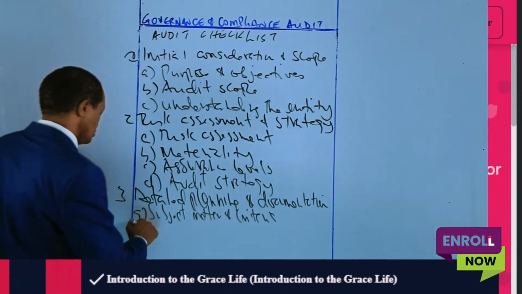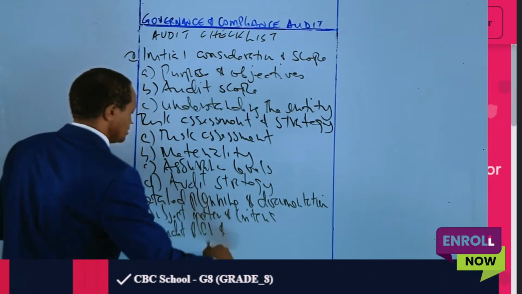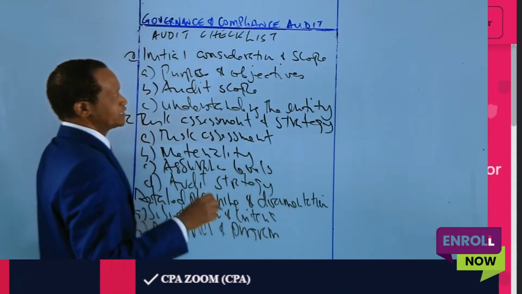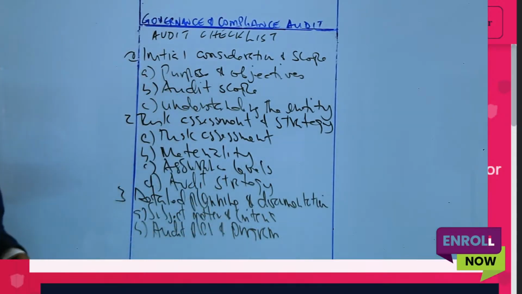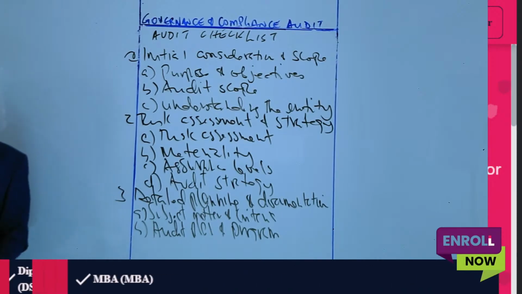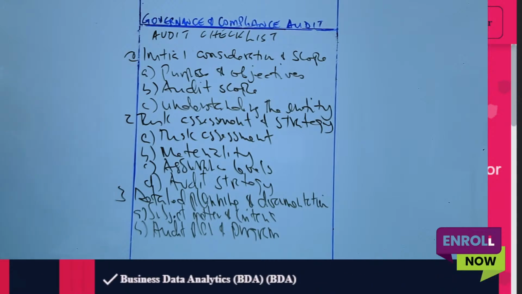Another question is, have we prepared a governance and compliance matrix linking requirements to controls and audit procedures? Audit plan and program. Candidates, we are discussing the checklist, which you have defined as a summary of the planning process, right? Which provides a final check to confirm that the audit is ready for execution.